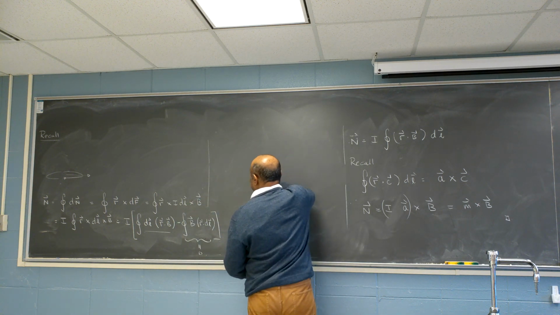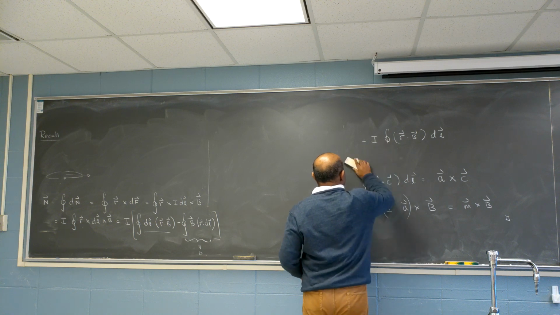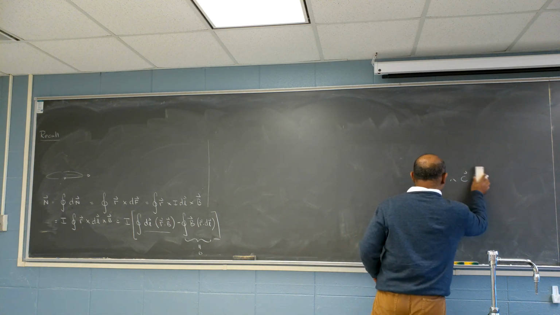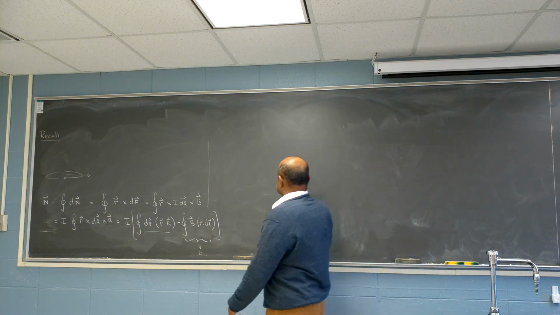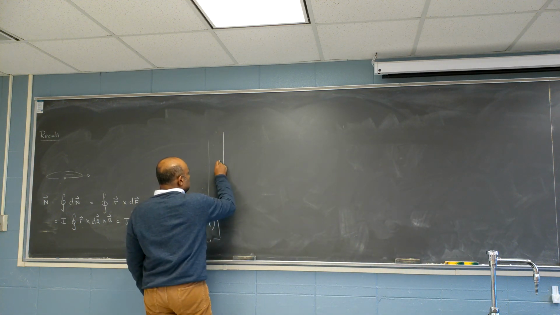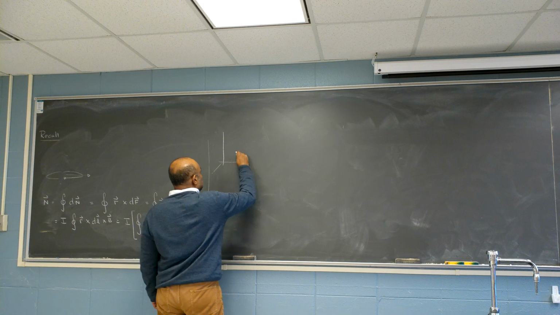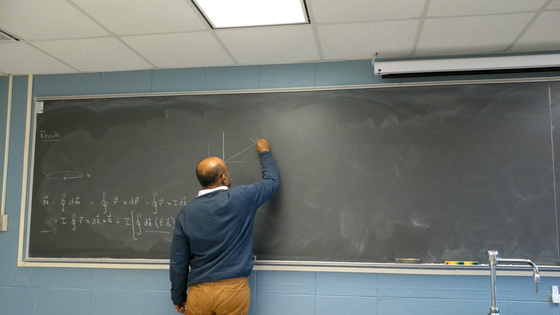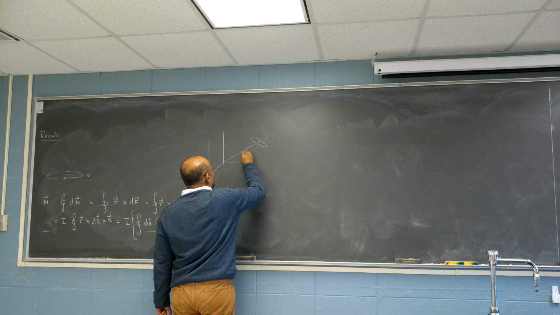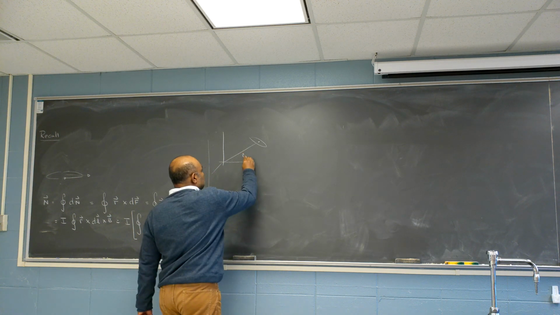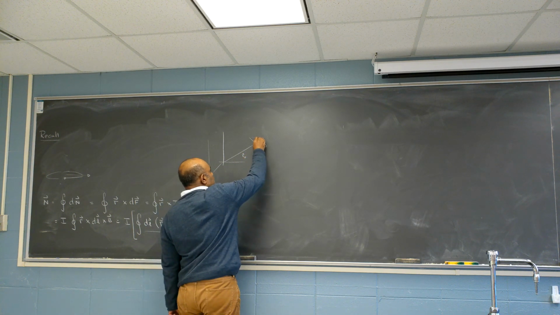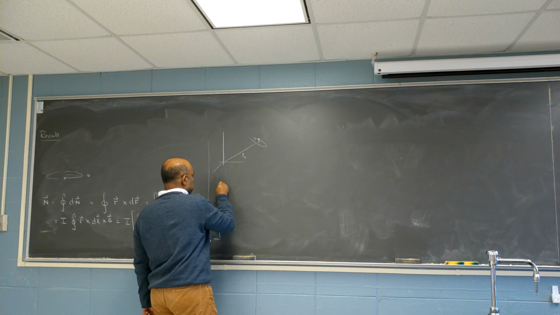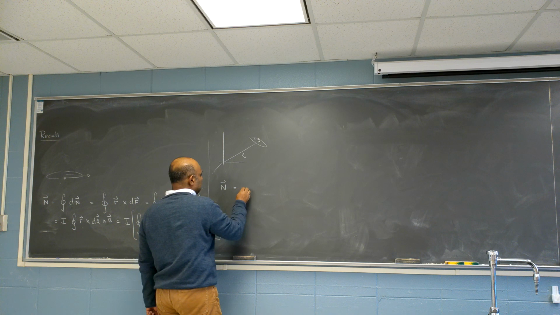So suppose now that the dipole is located somewhere else. This is R0. And then this is some R. So then torque would be, what would it be?